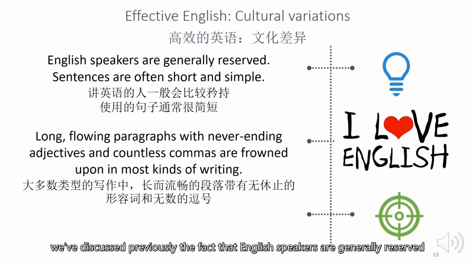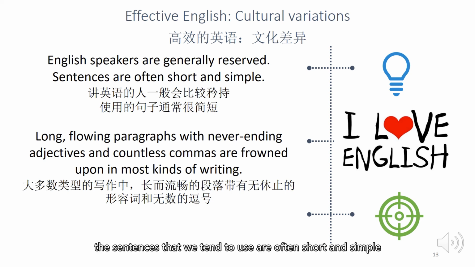We've discussed previously the fact that English speakers are generally reserved. The sentences that we tend to use are often short and simple. So probably the biggest mistake that non-native writers make is the use of long flowing paragraphs with never-ending adjectives, countless commas. These are, of course, frowned upon in most kinds of English language communication and writing.